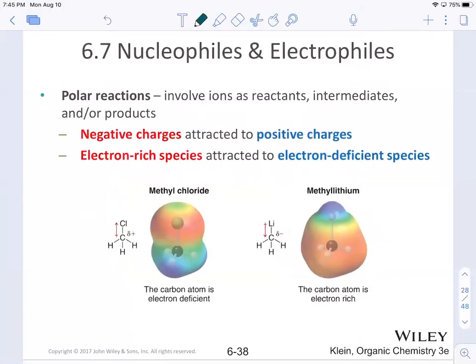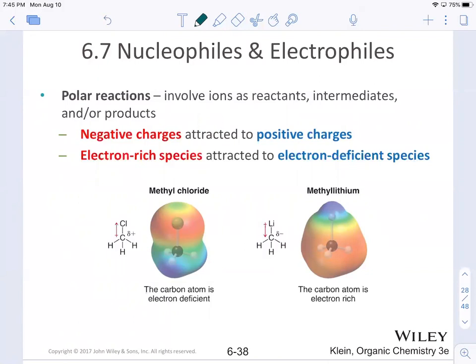Nucleophiles and electrophiles. This is where we're starting to dive into brand new territory. For polar reactions, we are going to see ions as reactants, intermediates, or products, right? Negative charges are attracted to positive charges. Opposites attract, we know that. But we also know that electron-rich species mean that they have a lot of electron density.